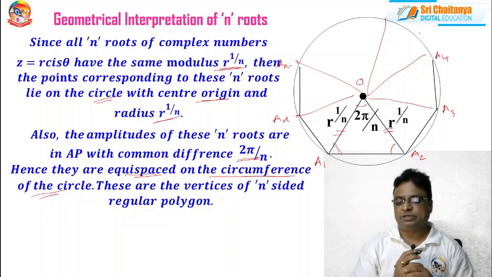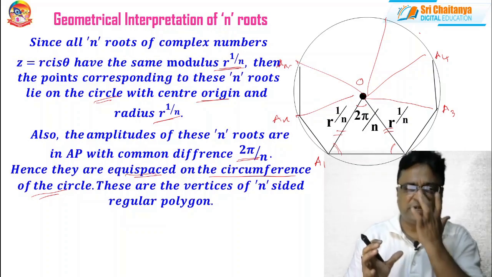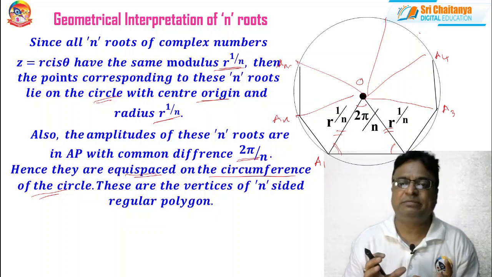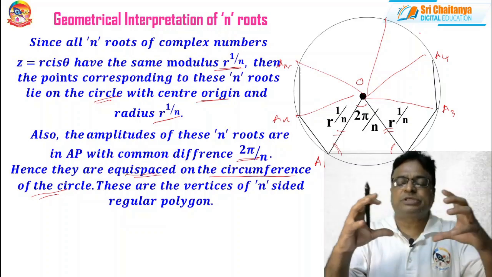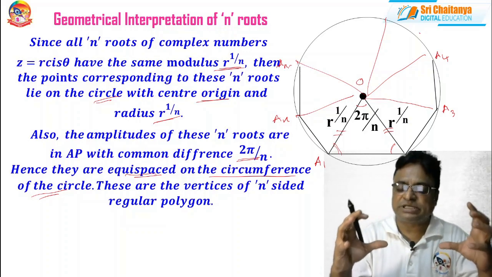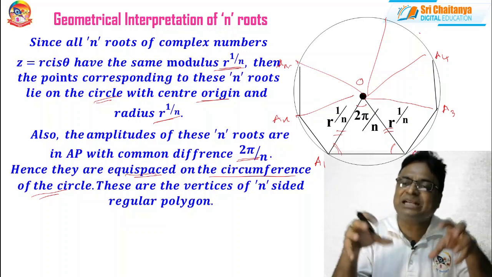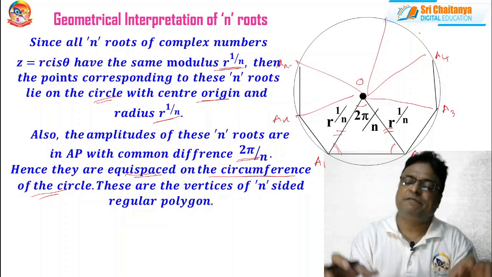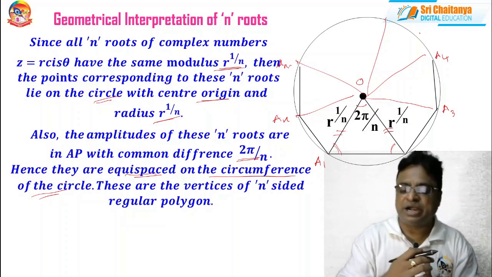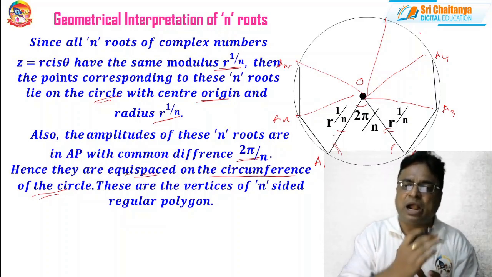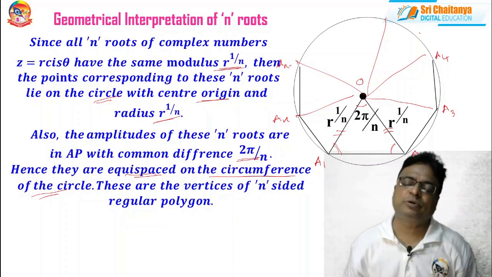One should remember: whenever you find the nth roots of a complex number, all the n roots are situated on the circumference of a circle, and they act as the vertices of a regular n-sided polygon, whose center is the origin and radius is r power 1 by n, with the common difference of angle 2 pi by n.